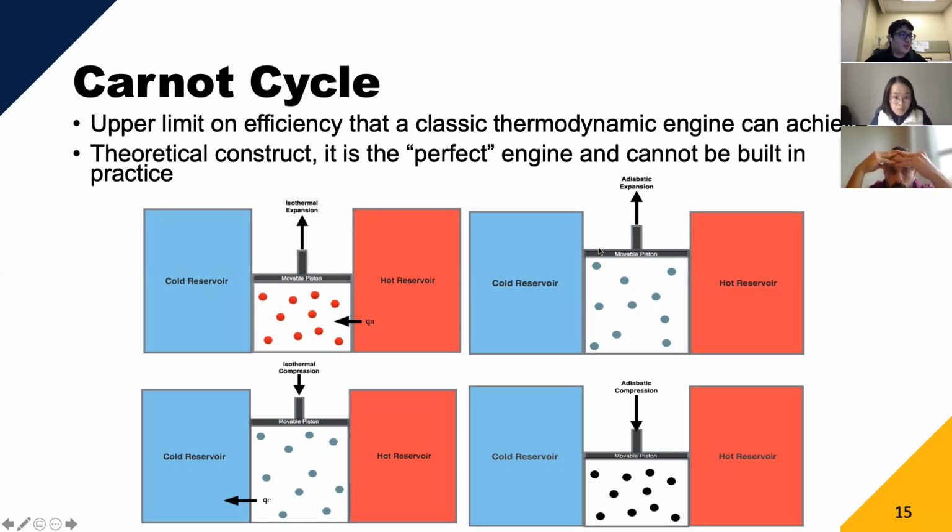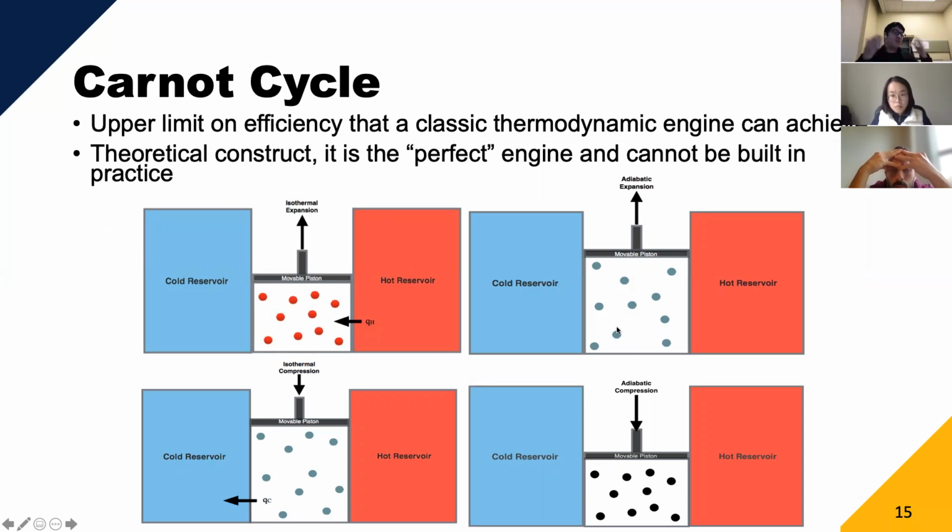In this second stage here, your piston is moving up, but it's doing that without any sort of temperature change. So you're allowing this piston to move without heat leaving the system, which is physically impossible.